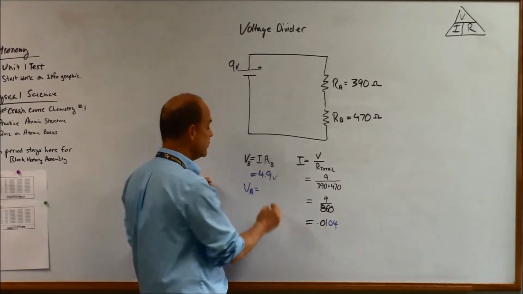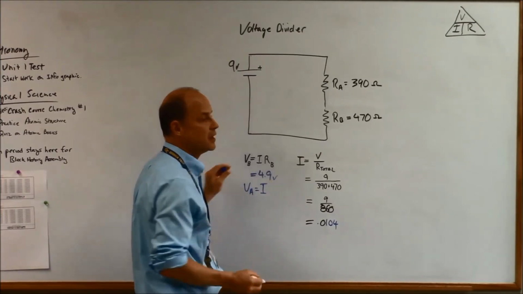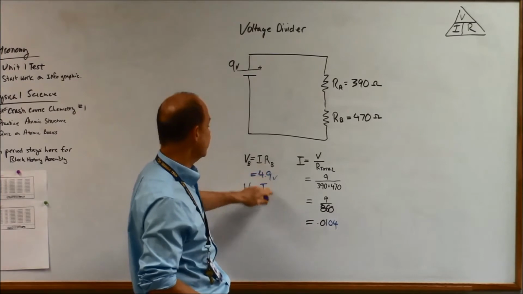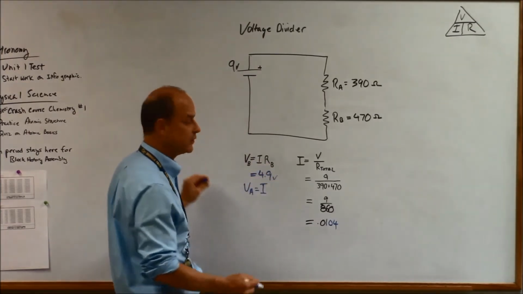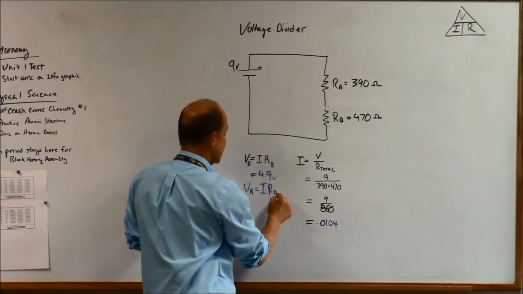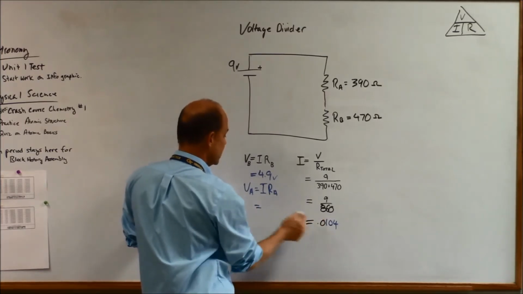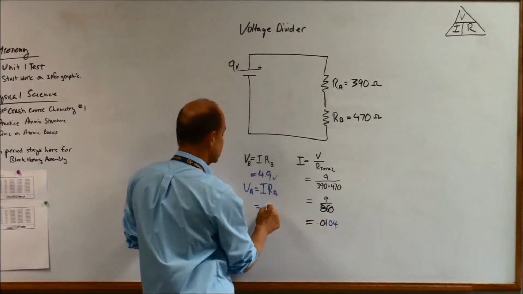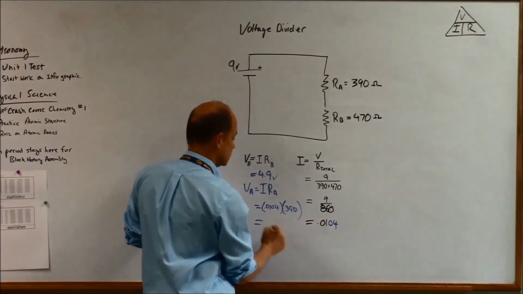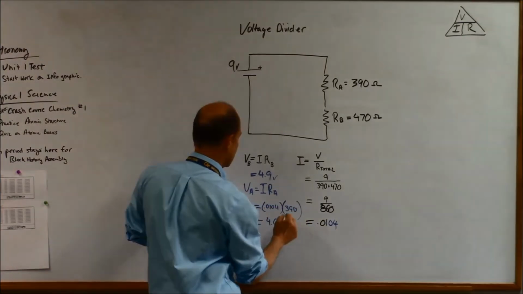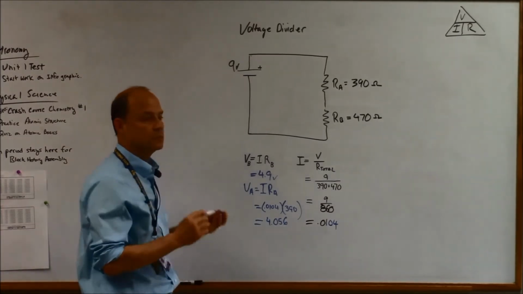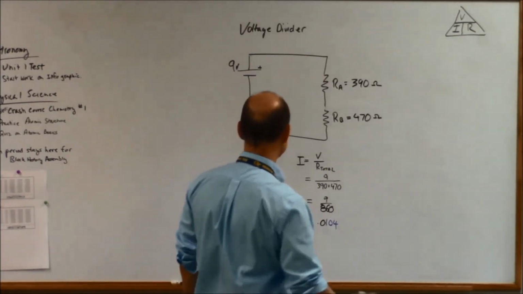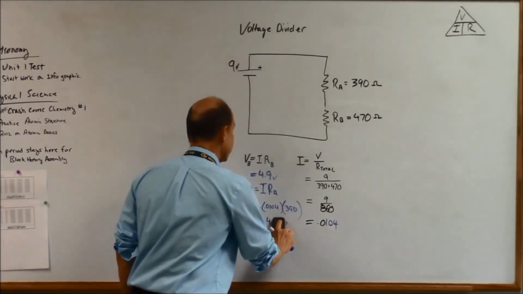Well, it's simply the current through the circuit, and since it's a series circuit, it's going to be the same current as before, but this time you multiply it times resistor A. So you take the same current as before, maybe you should use 0.0104. Maybe that's a little too many significant figures. Can I round that to 4.1?